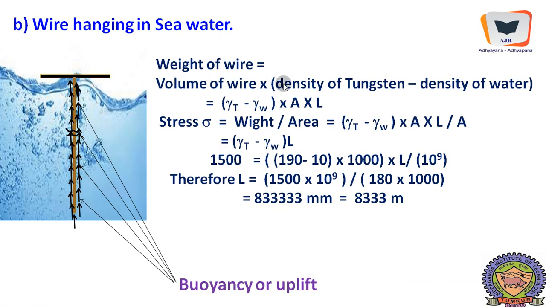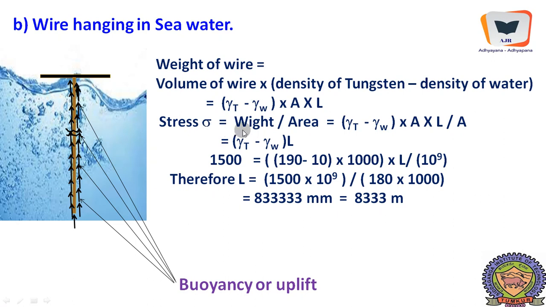So weight of the wire equal to volume of the wire into density of tungsten minus density of water. By virtue of density of water, this particular wire will experience some kind of a buoyancy, some kind of an uplift. This will reduce the weight of the tungsten wire, which otherwise it would have had, by some amount. This magnitude is given over here.